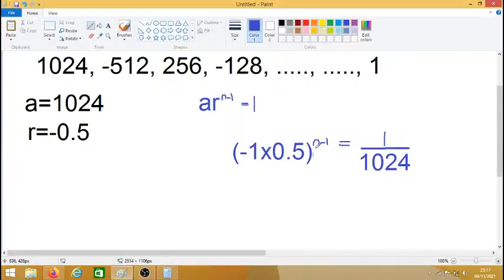So the n minus 1 gets applied to the minus 1, and then it gets applied to the 0.5. A bit like if I said I've got 4 times 2, squared, then that would be the same as if each bit was being squared: 4 squared times 2 squared. So same principle here, the power can be applied to each bit.